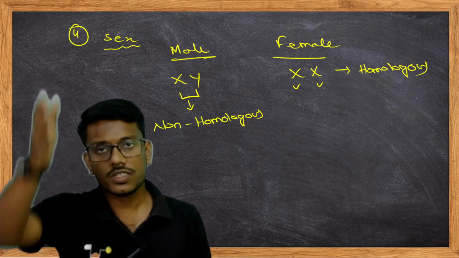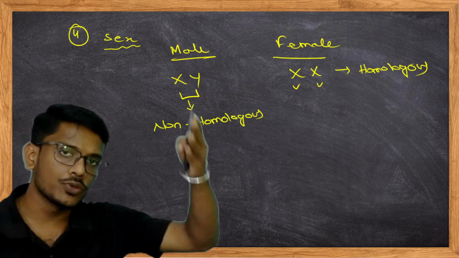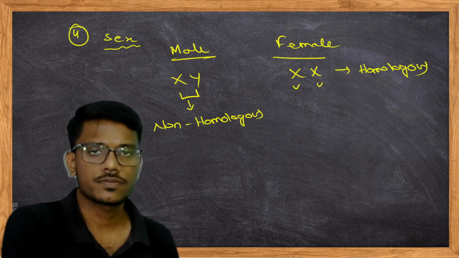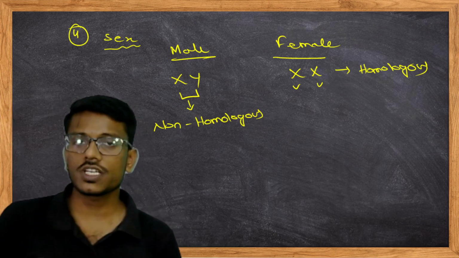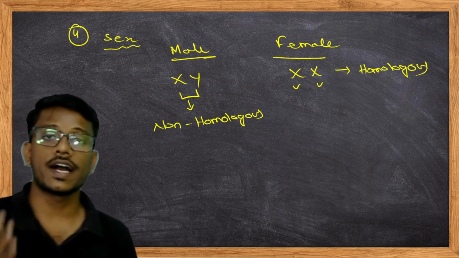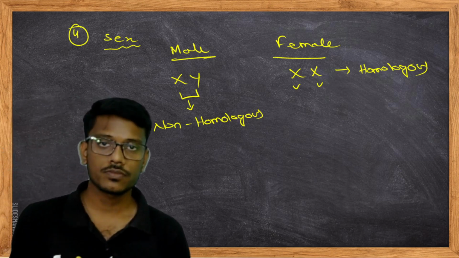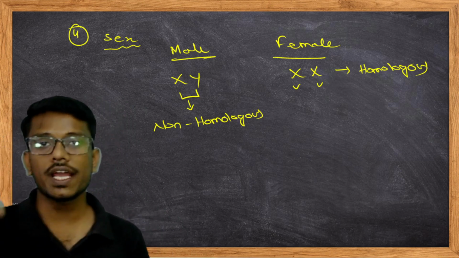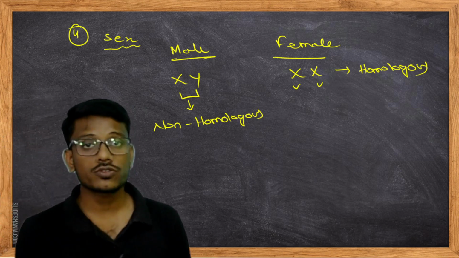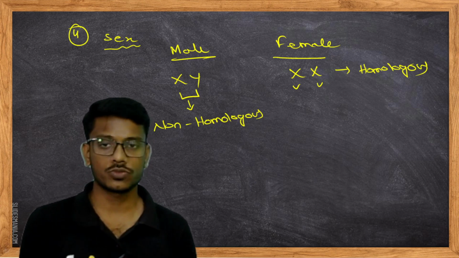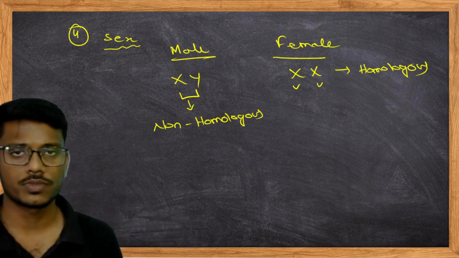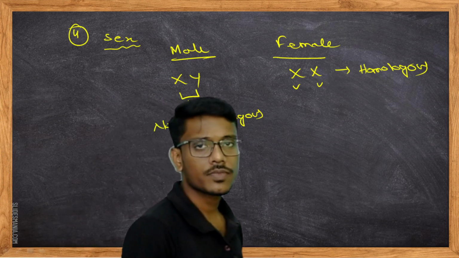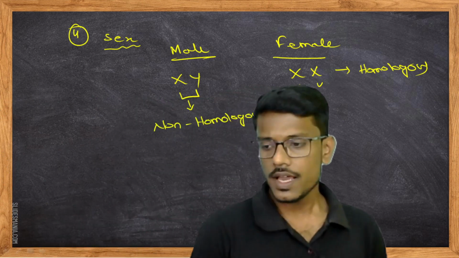The size of the X chromosome compared with the Y chromosome: the Y chromosome is much smaller. The number of genes present on the X chromosome is very high compared to the Y chromosome. The position of the centromere is also different in X and Y, so they are non-homologous chromosomes. And crossing over occurs only between homologous chromosomes.